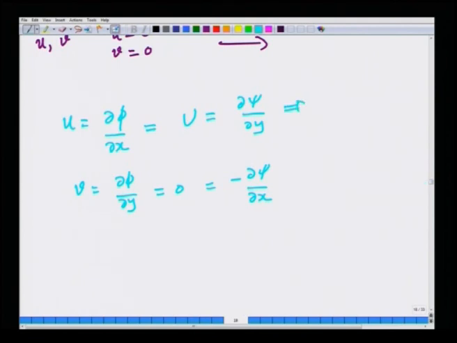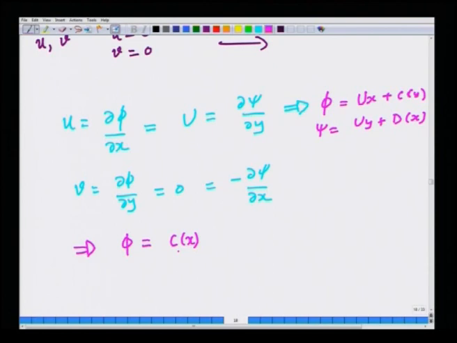So, phi is nothing but U x plus a constant which could be a function of y, and psi is nothing but U y plus some other constant which could be a function of x. Now, if I integrate the other equation, phi is nothing but a constant which could be a function of x, and psi is nothing but a constant which could be a function of y.